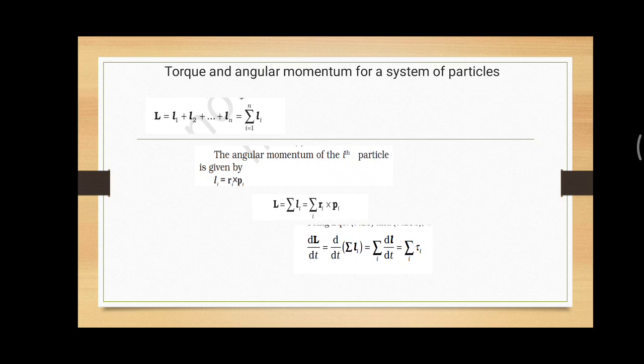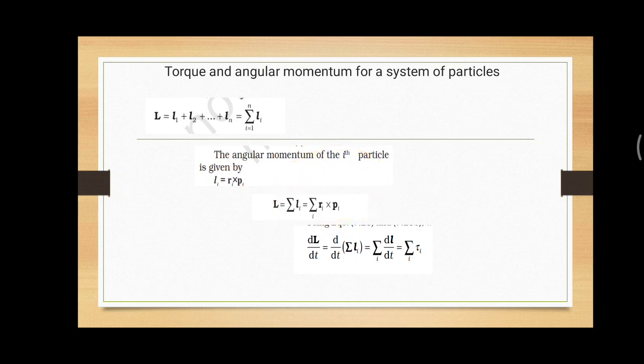In the same way, the angular momentum Li can be written as Ri cross Pi. For a random particle i, the Li value will be Ri cross Pi. So the total angular momentum can be written as the summation of Li, that is the summation over i of Ri cross Pi.